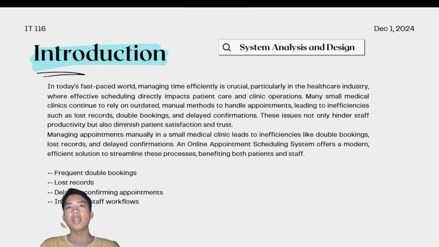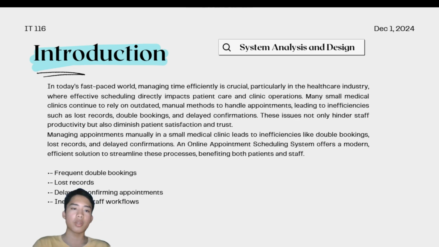So basically, in today's generation, we have technologies that help the world by creating innovation, which is what number one of this topic is all about: the appointment system. Many healthcare clinics, most specifically in the Philippines, have outdated and manual methods of appointment system, which can lead to many factors.